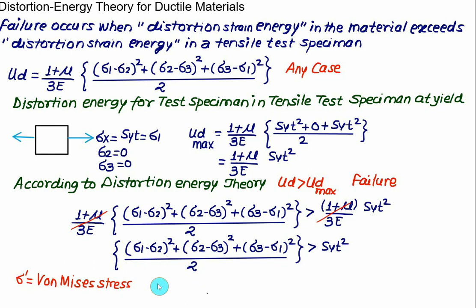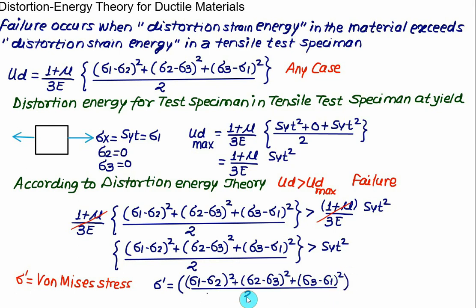So we have sigma prime, representing the von Mises stress, equal to (sigma 1 minus sigma 2) whole square plus (sigma 2 minus sigma 3) whole square plus (sigma 3 minus sigma 1) whole square, and the whole thing is divided by 2, and you take the square root of this, so the power is 1 by 2. If it exceeds SYT, then we have a failure.